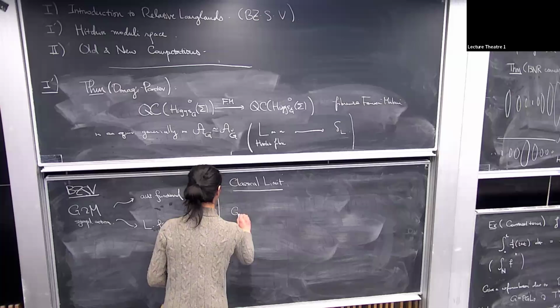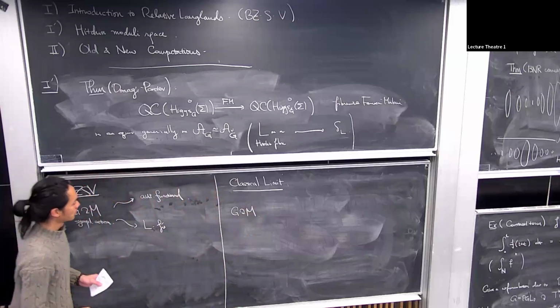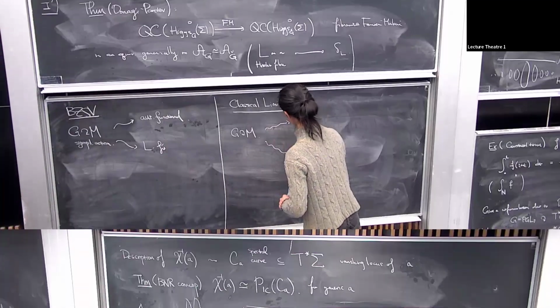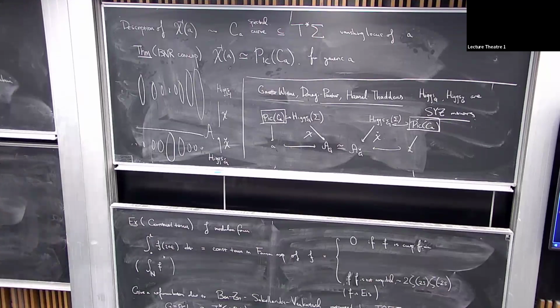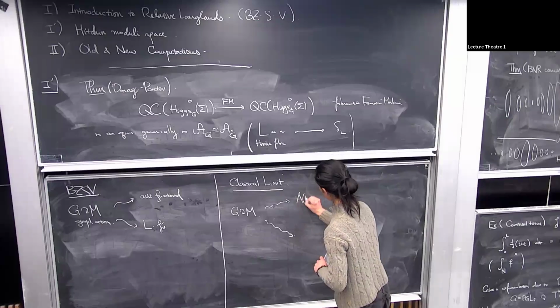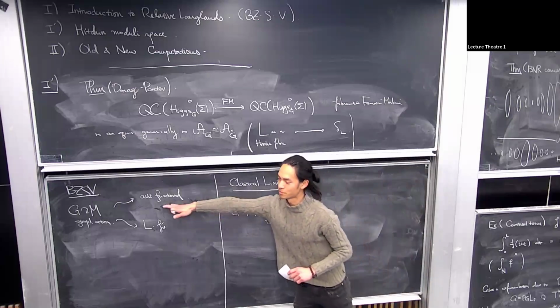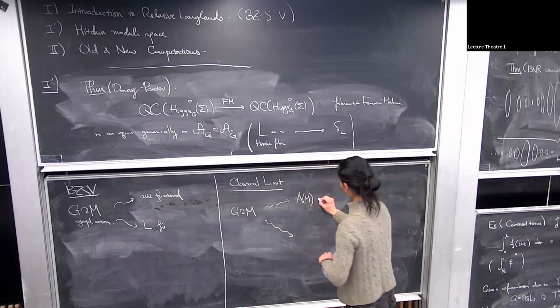I again give myself G acting on M. The first thing I'll call A of M, because it's on the A side and it's supposed to be related to this automorphic quantization.